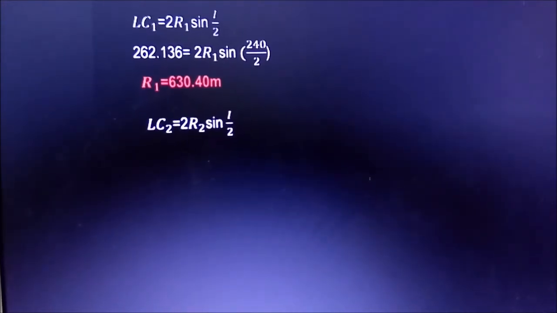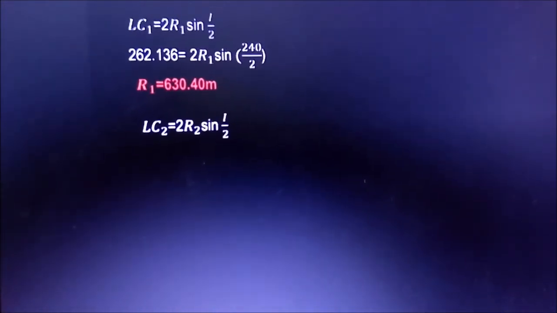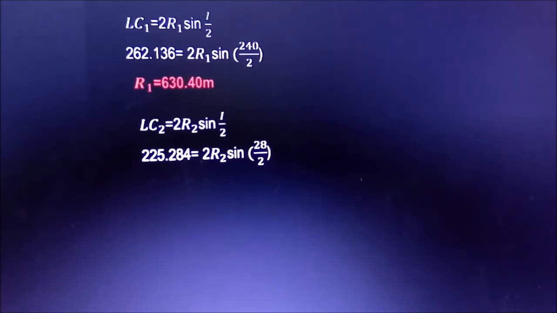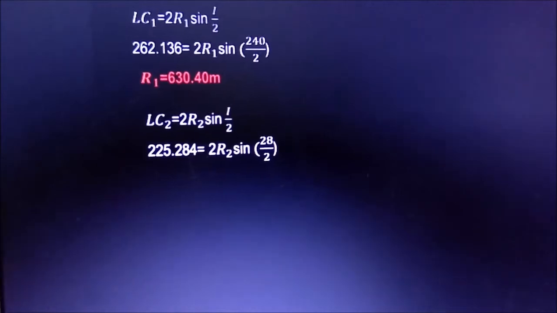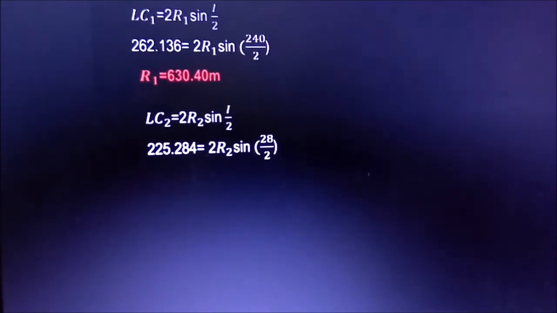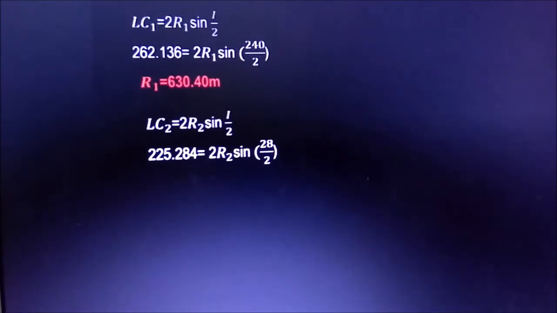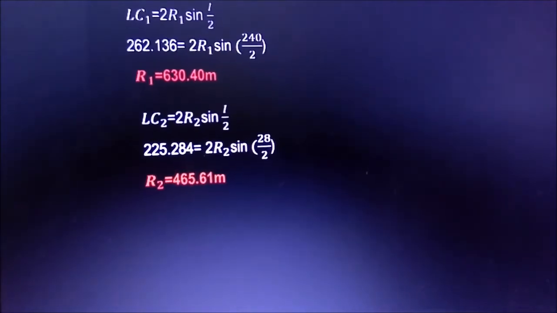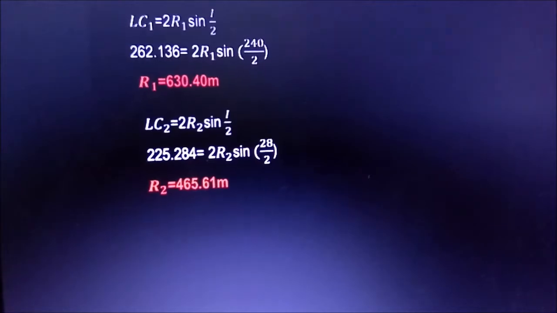LC2 is equal to 2R2 sine I over 2. So LC2 is 225.284, equal to 2R2 sine 24 over 2. So R2 is equal to 465.61 meters.